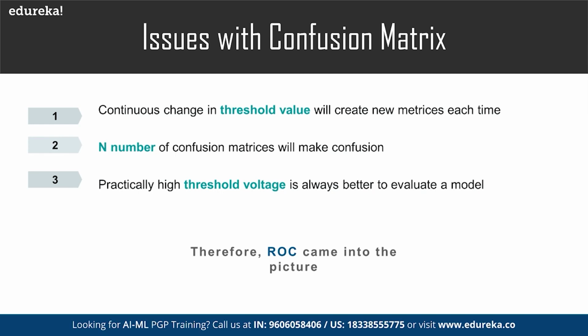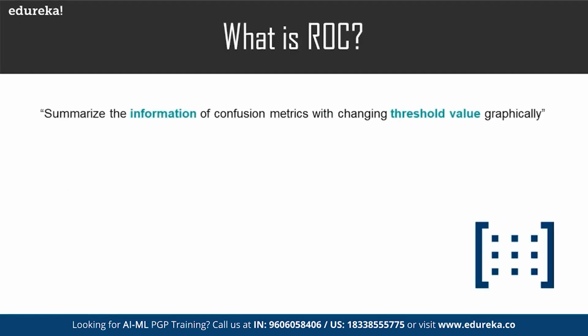So that is why ROC, another metric, comes into the picture. Let's see what that ROC is. It summarizes the information of confusion matrices with changing threshold values. In ROC we have a curve as we change the threshold value.